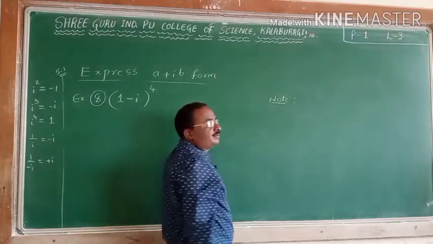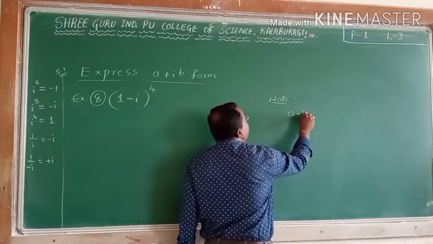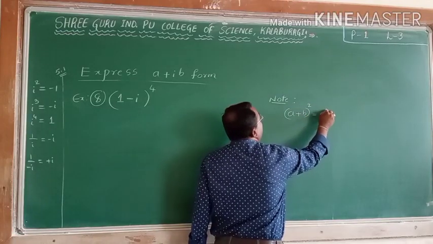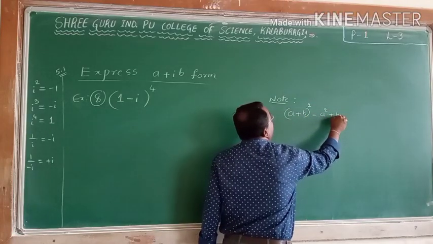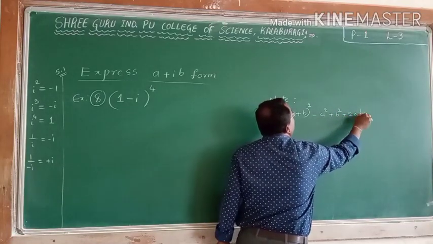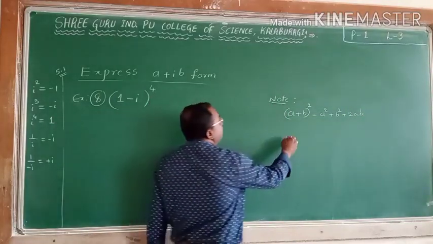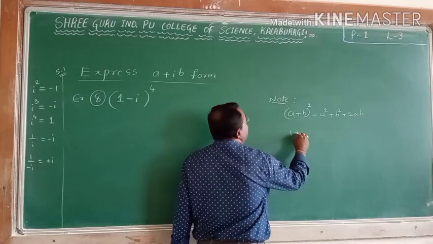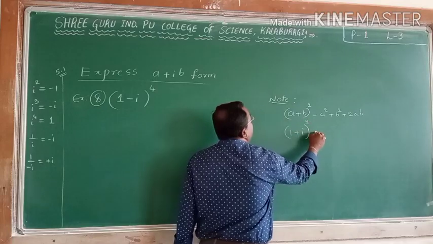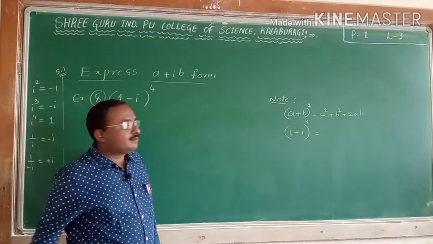We know that the a plus b whole square formula is a square plus b square plus 2ab. This is the formula. Suppose here 1 plus i whole square, what is the value?